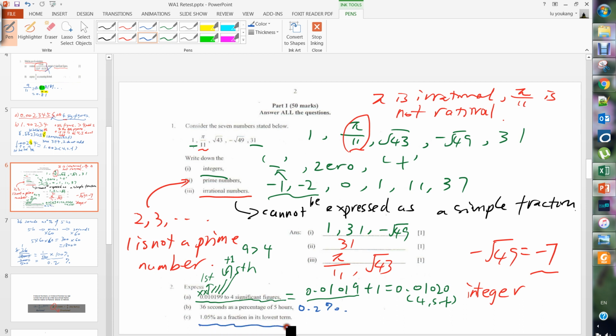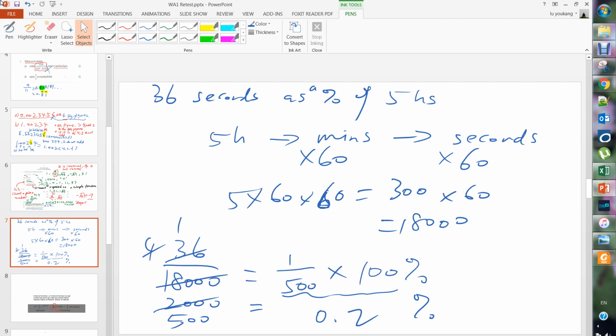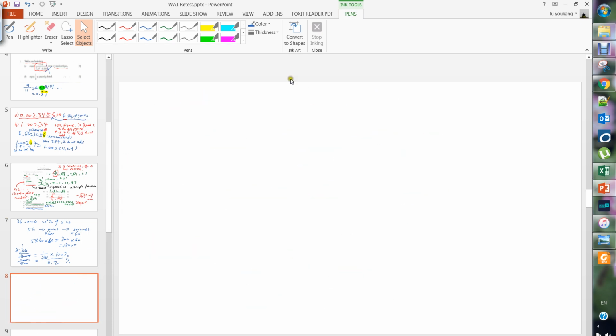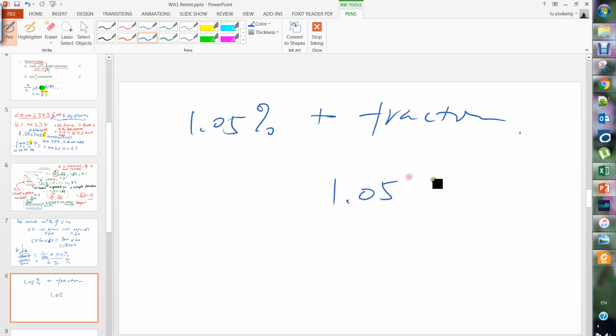Next, this percent as a fraction in simplest form. 1.05% to fraction. Okay, let me get it to a new slide. So you get 1.05% to fraction. Okay, very simple thing. In order to get rid of the percentage sign, you move the decimal point to the left by 2 decimal places.